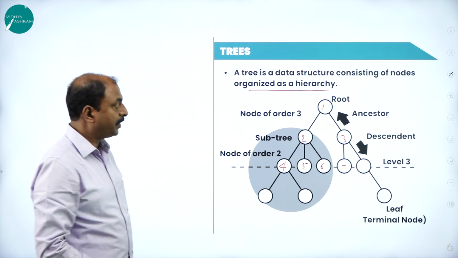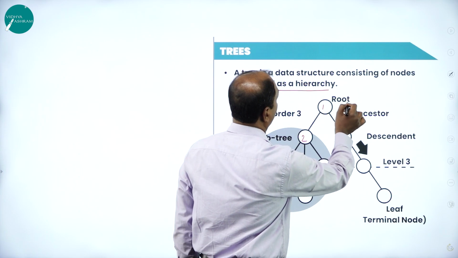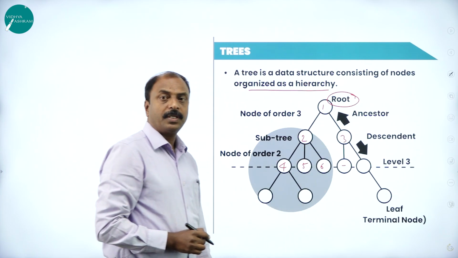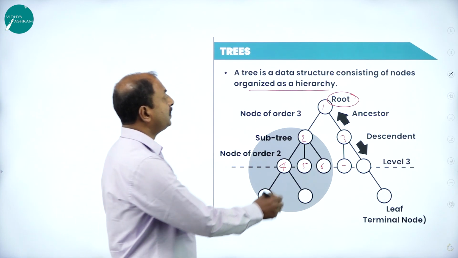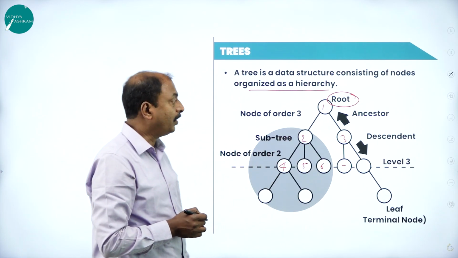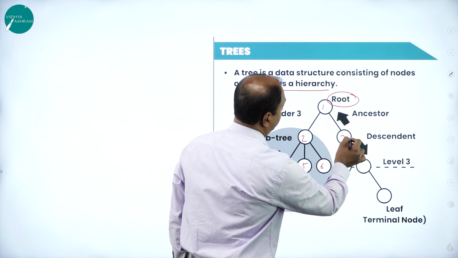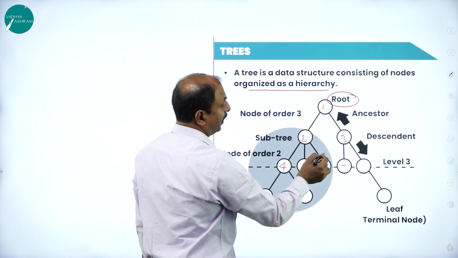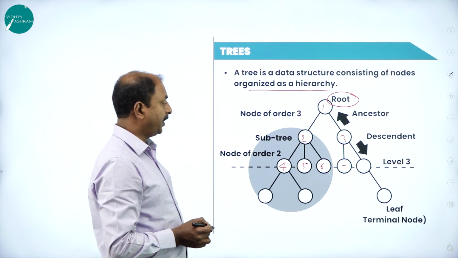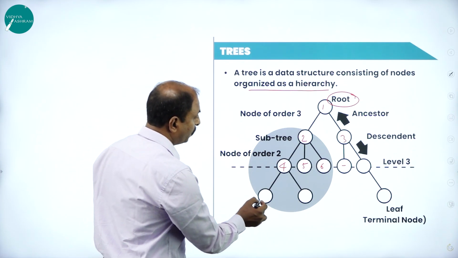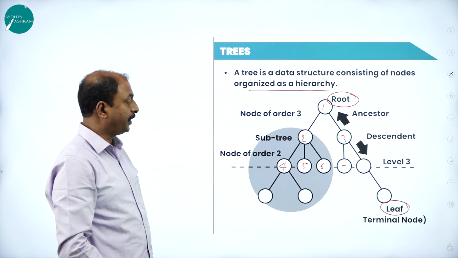If you look at the diagram here, we can make out that the first node of a tree is called the root node. Here we can learn a few definitions with respect to a tree. The first node of a tree data structure is called the root node. This is an ancestor node, and this is the descendant node, for example node 3 here. The last node of a tree is called a leaf node, a terminal node.